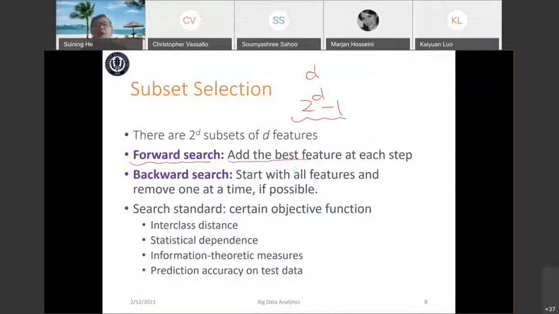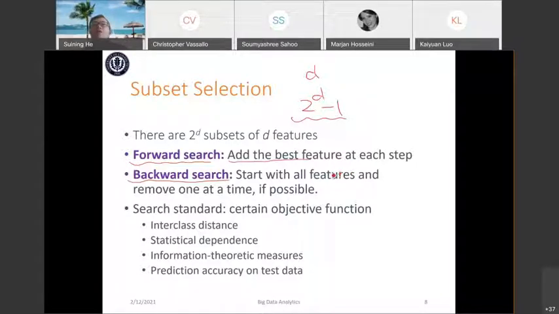And another one is the reverse way, the so-called backward search. We start from the total D dimensions, the original dimension space, and we start to remove certain features, and step by step we look at whether the convergence of the performance metrics will also be observed. And then we stop such a removal or pruning process.